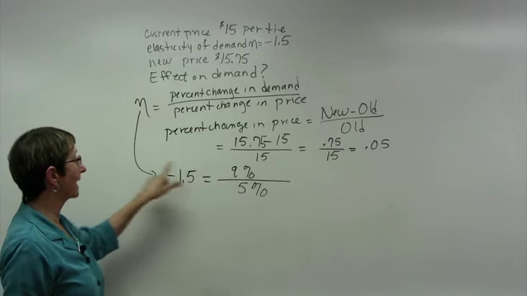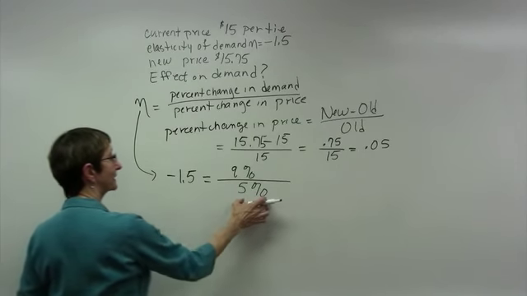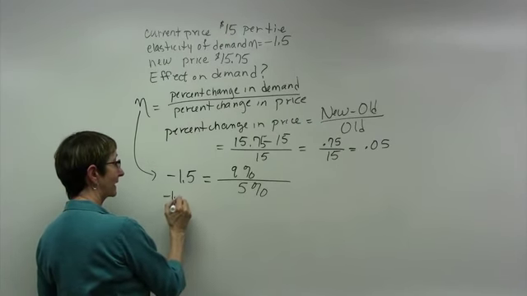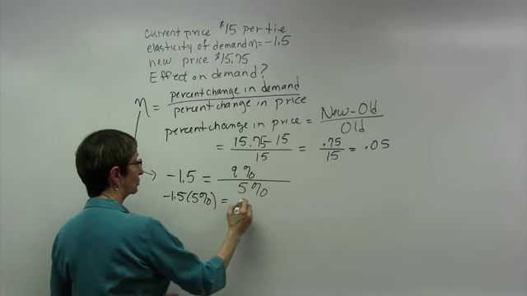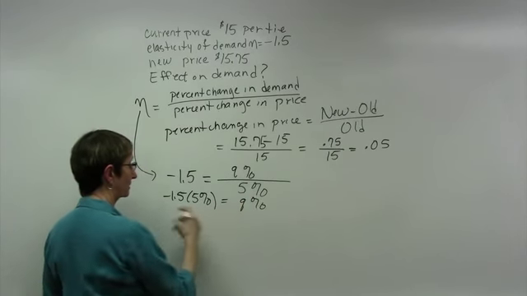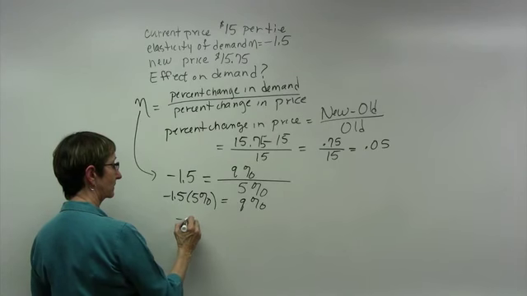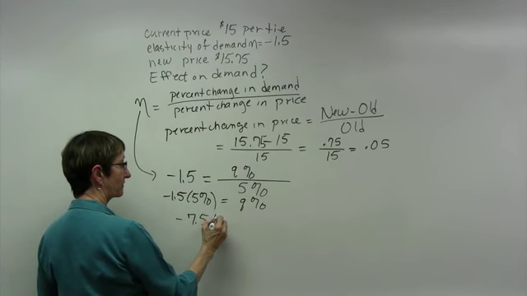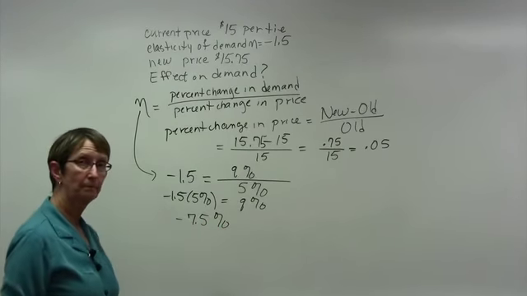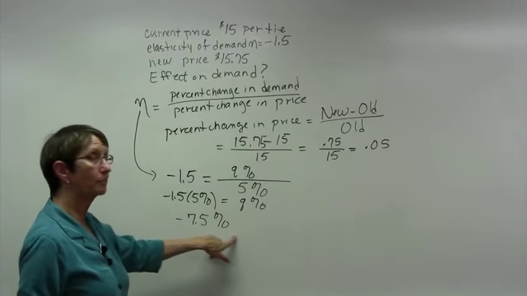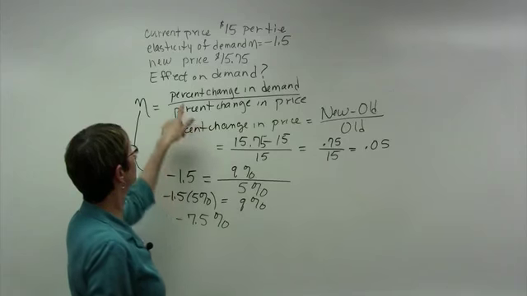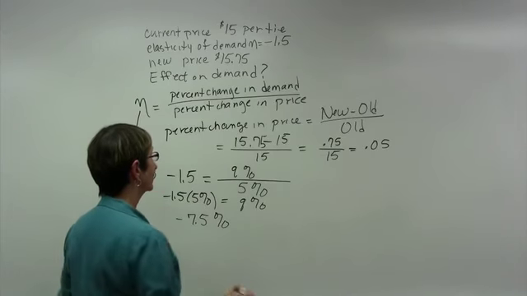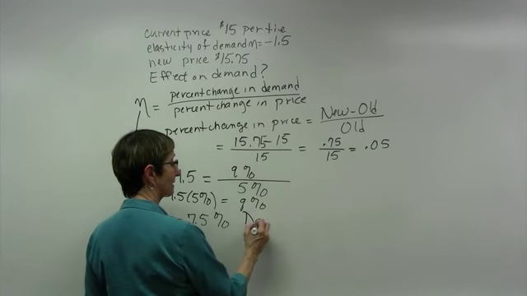So if I multiply across, I have 5% times negative 1.5 is equal to some Q percent. So this gives me a negative 7.5%.